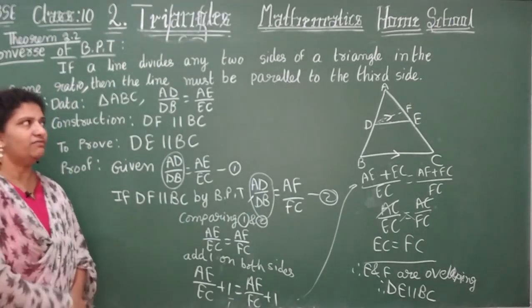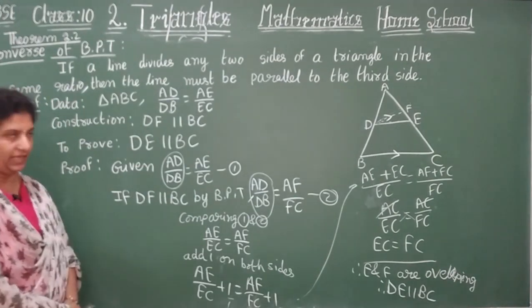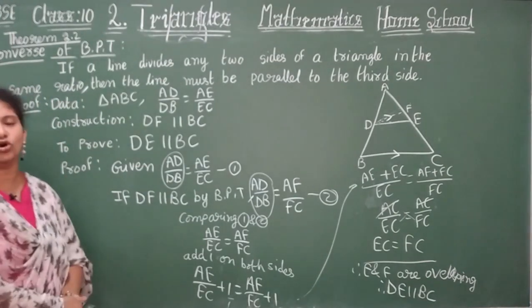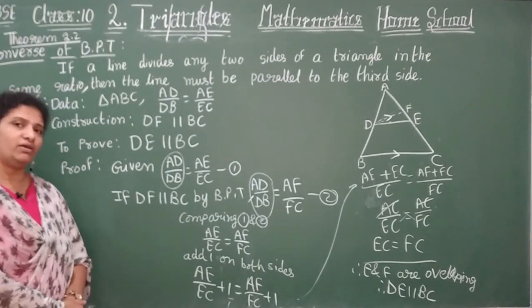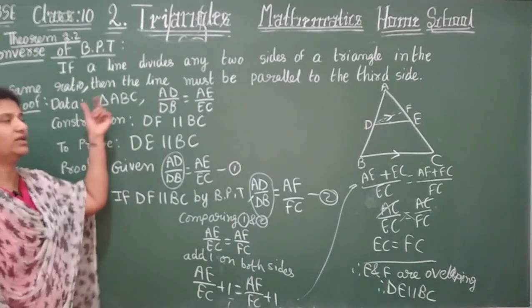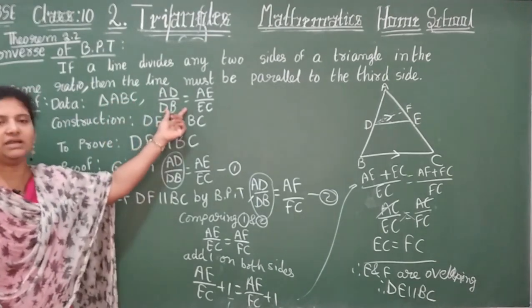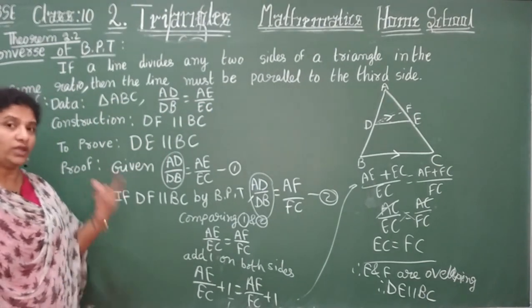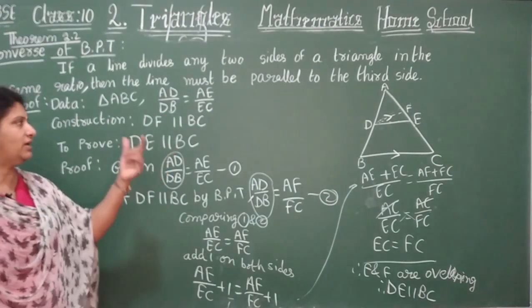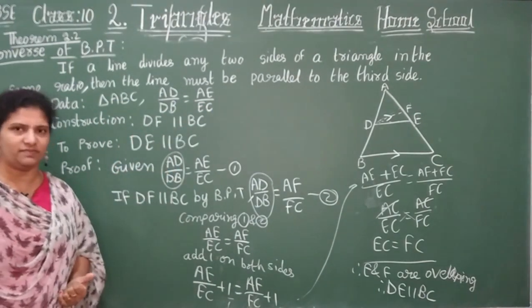If a line divides any two sides of a triangle in the same ratio, then the line must be parallel to the third side. How can we prove this? Given data we have written: given triangle ABC, AD by DB is equal to AE by EC, ratio in proportion given. Now what do you need to prove? You need to prove that the line is parallel to BC.